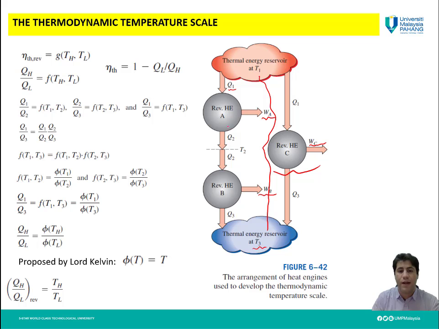So Q1 and Q3 actually should be equal. Then the work produced, WA and WB, by these two heat engines will be equal to WC.